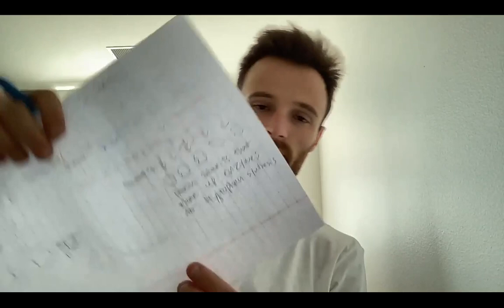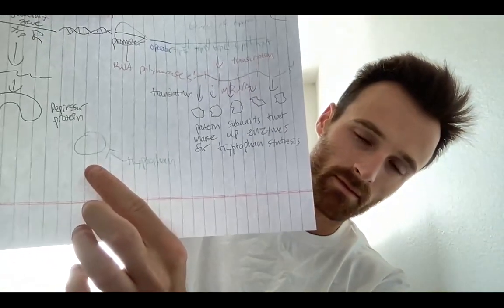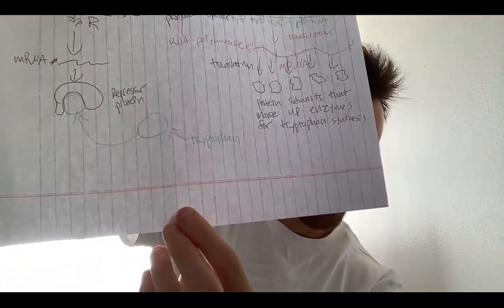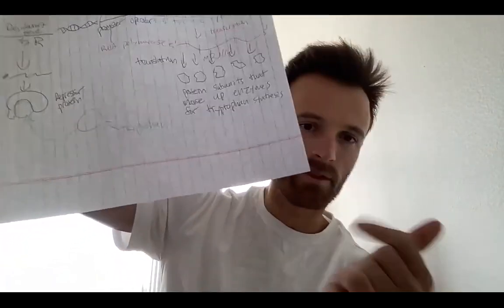If there's tryptophan around, it's going to attach to the repressor. And from the slide, when that happens, it induces this shape change in the repressor protein, which increases its affinity, its attraction and likelihood to bind to the operator. So let's draw that.